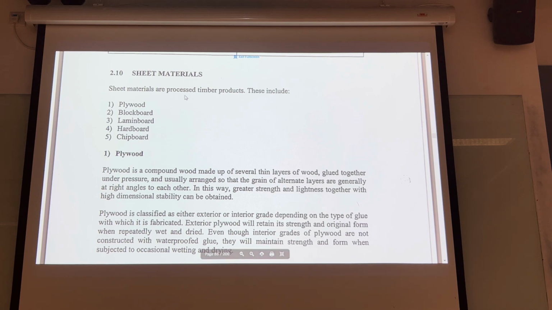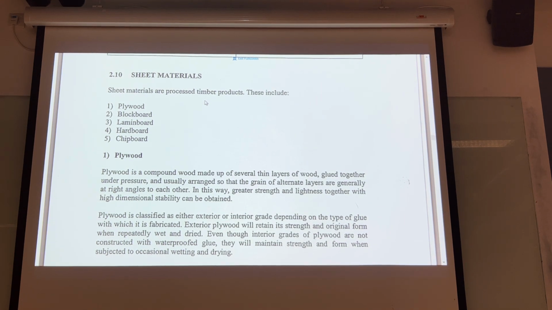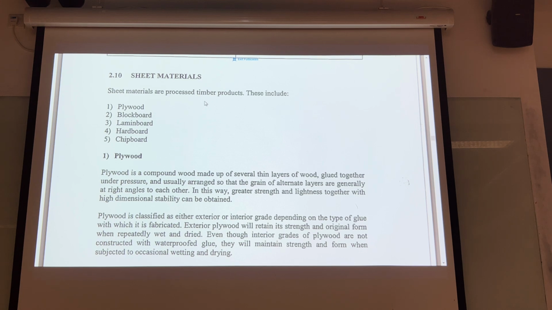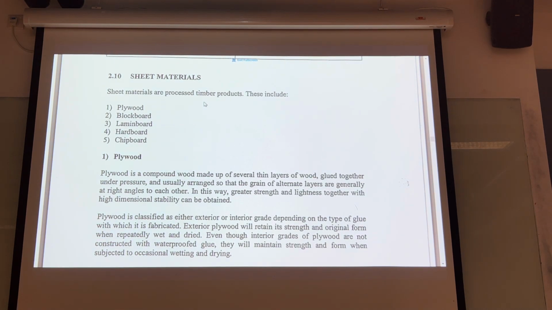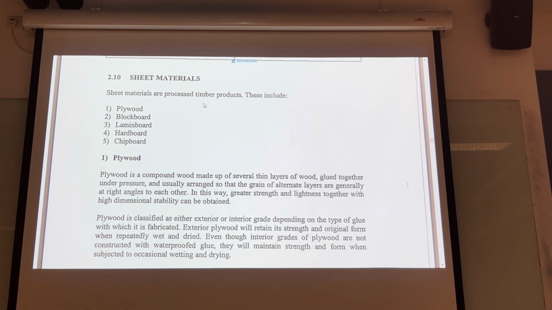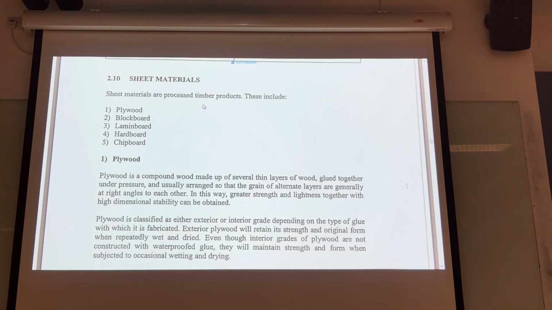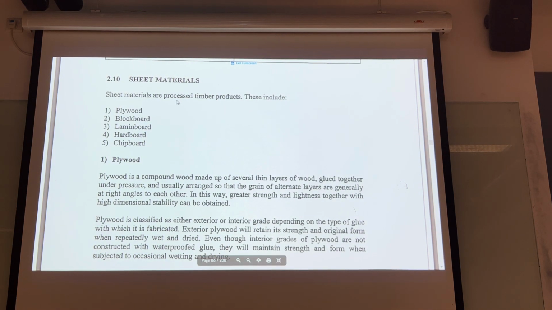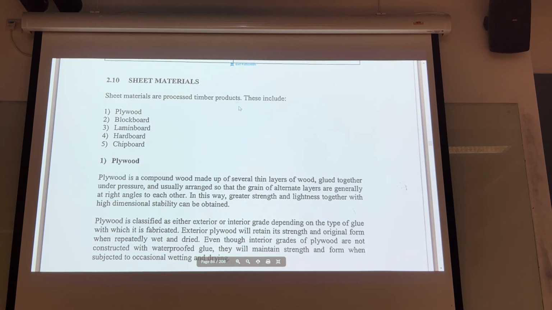It goes through a manufacturing process using the fibers or chips of the timber, right? That means the timber will be broken down into chips and fibers and then go through the process and then become an end product of processed timber product. Can?